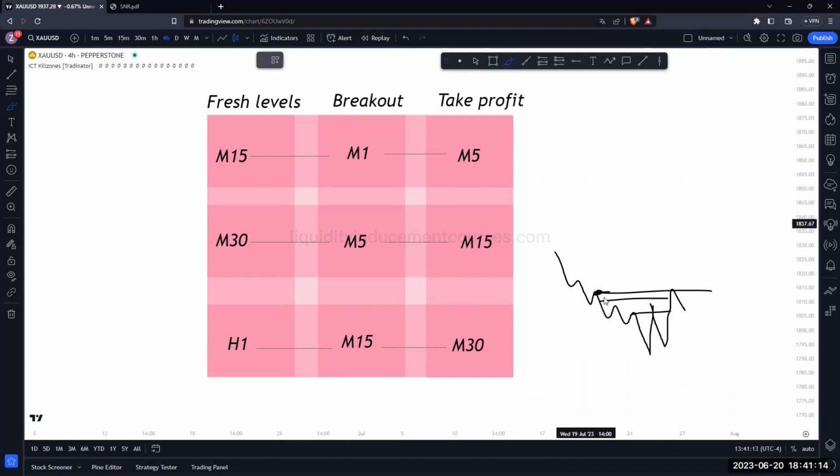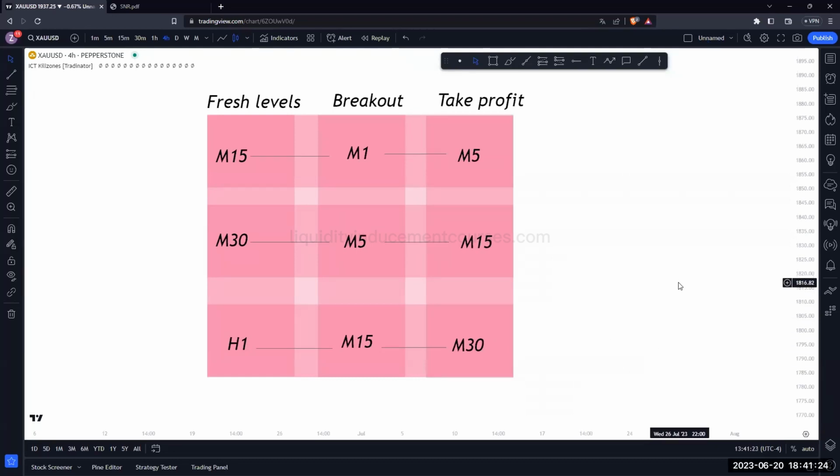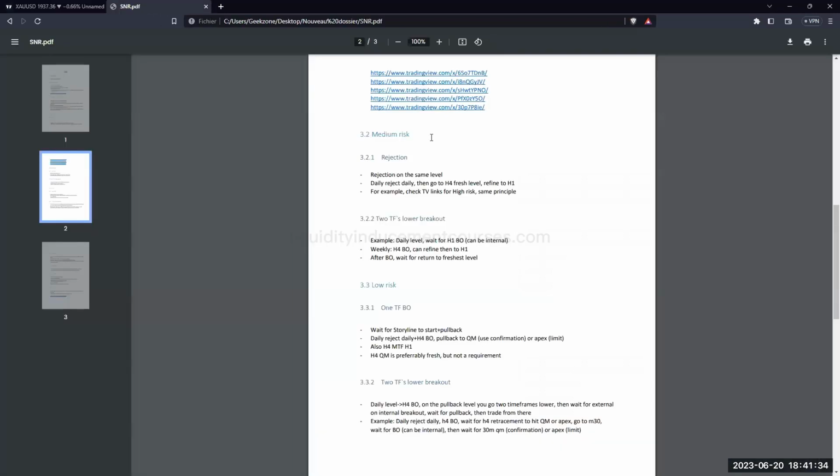And it doesn't have to be fresh, by the way. It can be unfresh. For the RR stop loss, I'm going to show you how to put stop and stuff like that. The TP is going to be 1 to 2R. It's not going to be that long. Is scalping high risk? No, bro. It's considered medium risk.